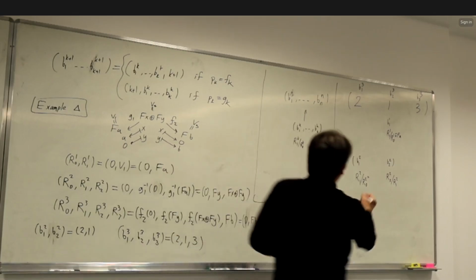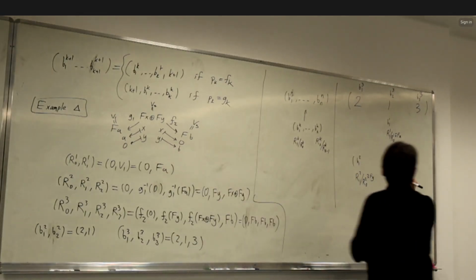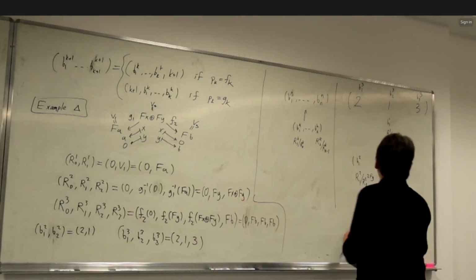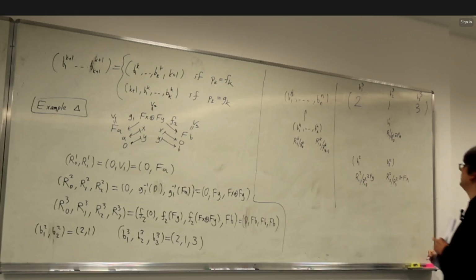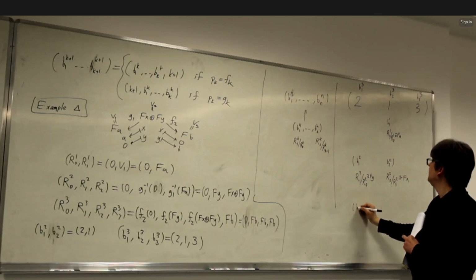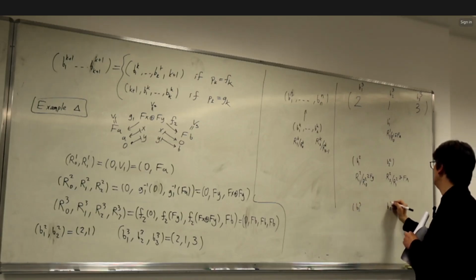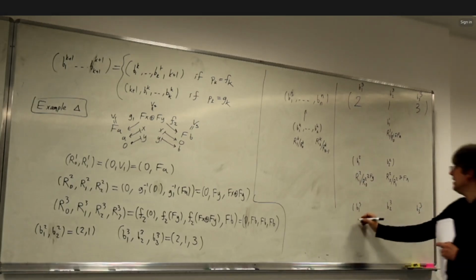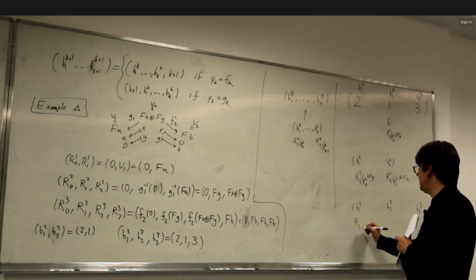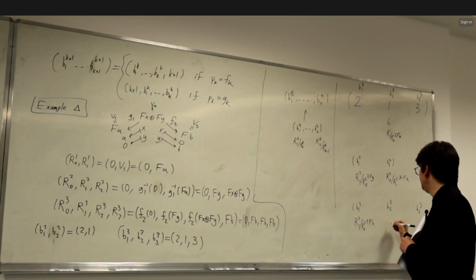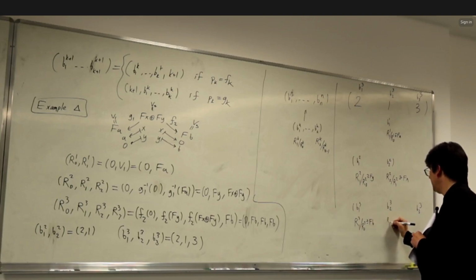Well, it will be Fy, and this will be Fxy divided by y, so it's Fx. And then you put the last thing, B13, B23, B33. And then here you have R13 divided by R03. This will be just FB, and then the rest will be just 0.